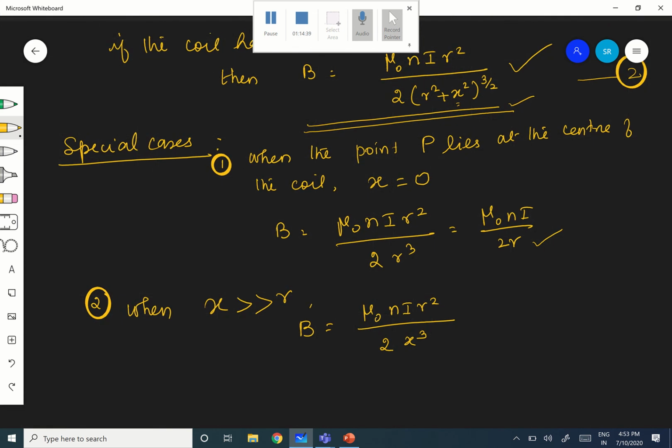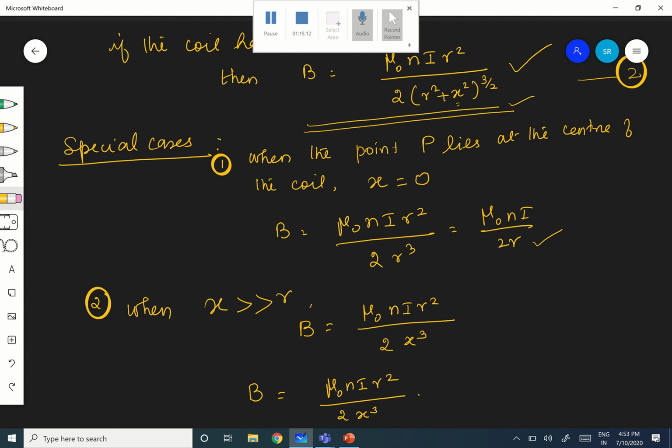Now, with respect to this, see, for example, the same expression, I am multiplying and dividing by 2 pi. Very important, you see. The same expression, mu naught N I r squared by 2 x cubed, I am multiplying and dividing by pi.